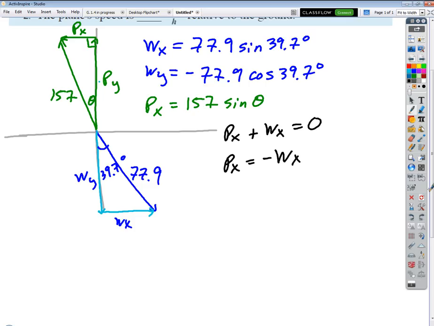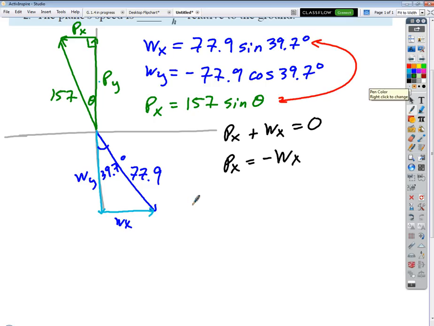That negative sign honestly is not that big a deal. We know this has to equal that, but this is going to be a negative component because it's pointing in that direction. So let's set that up then.